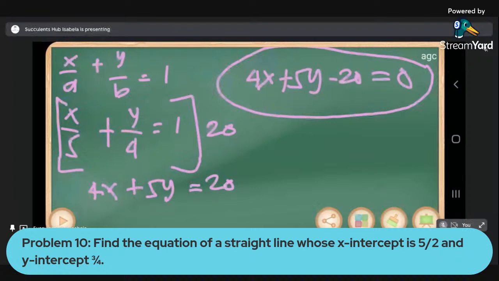So this one is easy kasi magsa-substitute lang tayo. Maybe what's challenging for some of you would be working on fractions. Pero I think pinag-aralan nyo naman na yan ng matagal sa basic education. So yeah. Okay, so give me the general form of the equation, just like the example kanina, yung may equal to 0.